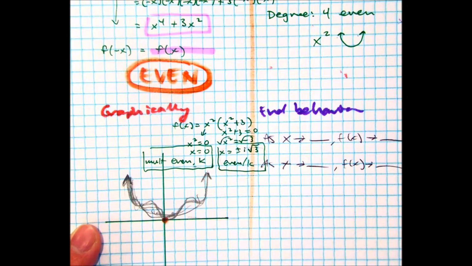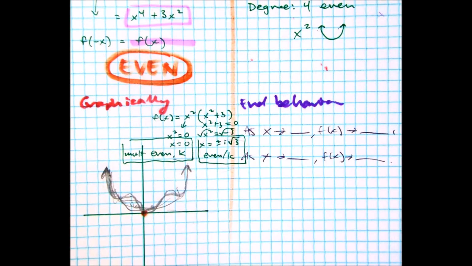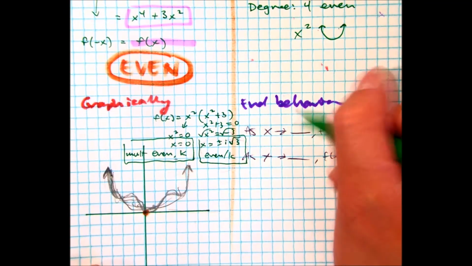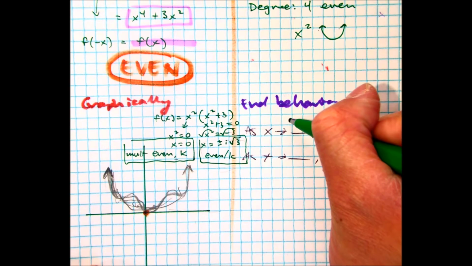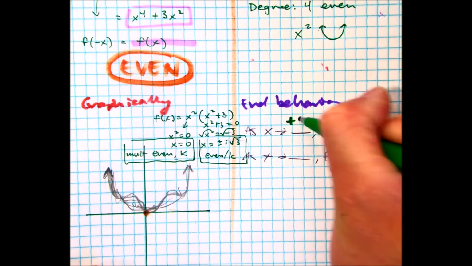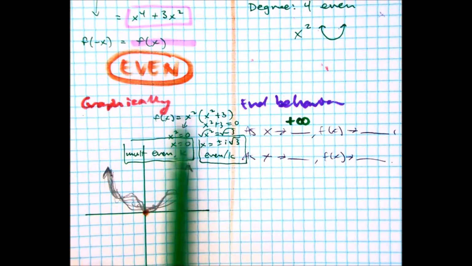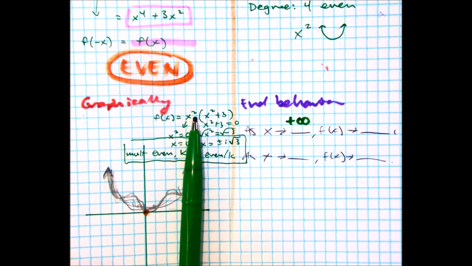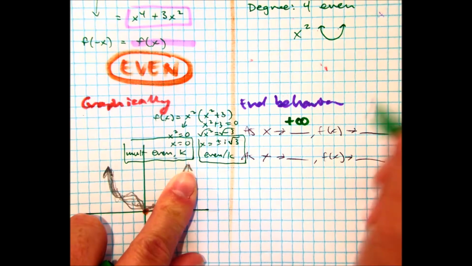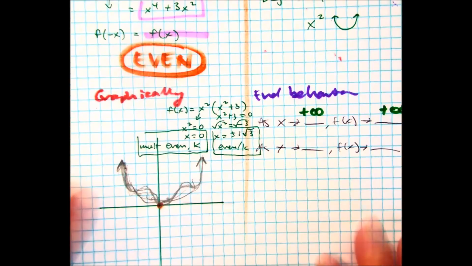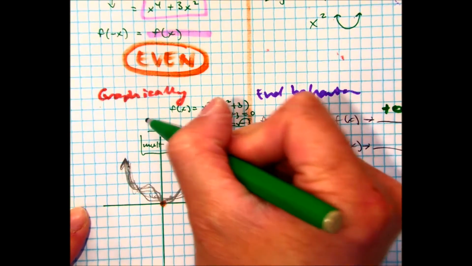So from here, I can now answer the questions about my end behavior. As x approaches, we always write what here, class? Positive infinity, so that's going towards the right. What's the last thing you touch? Up, so that would be positive infinity. Remember, if you need help, you can always write these on your axes.